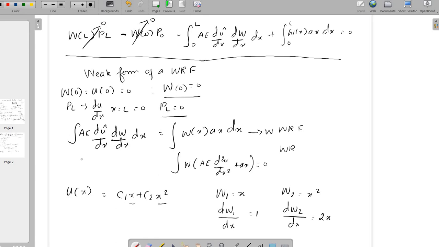So first I am going to form the weak form for weight function w1.